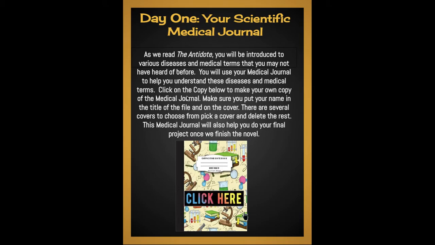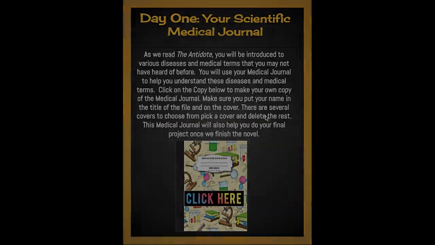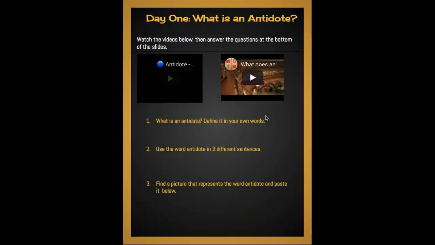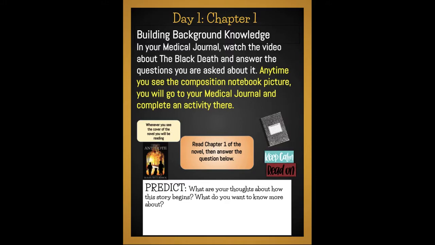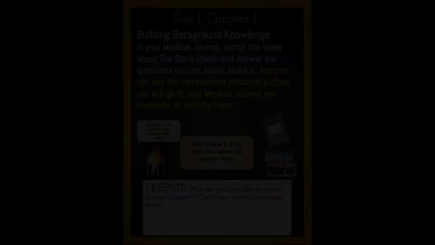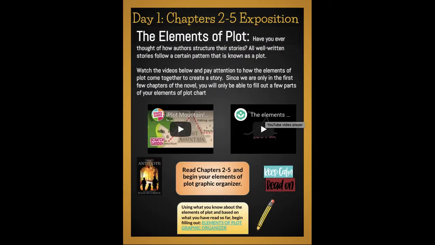Throughout the novel, there's medical terminology and diseases that are mentioned, and the medical journal is going to give them background knowledge on those diseases, and they're going to do some looking at that on their own too. Then they can just go through the presentation like they would a book. You'll see that there are videos embedded, there are questions, there are activities.